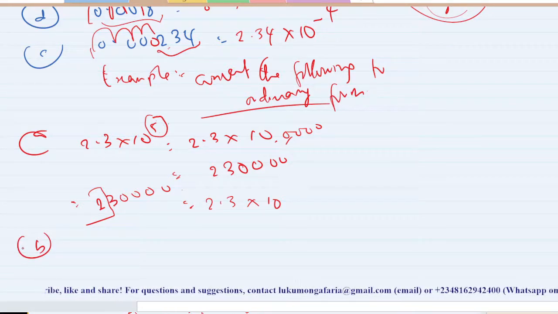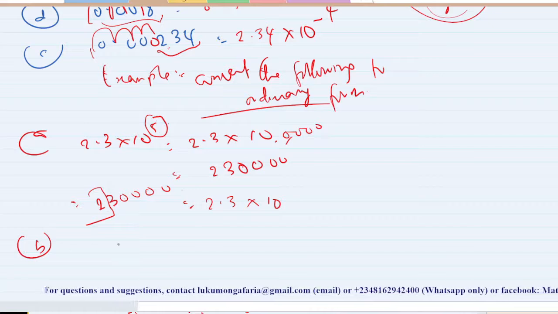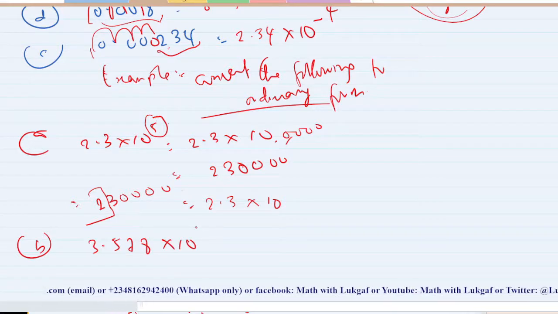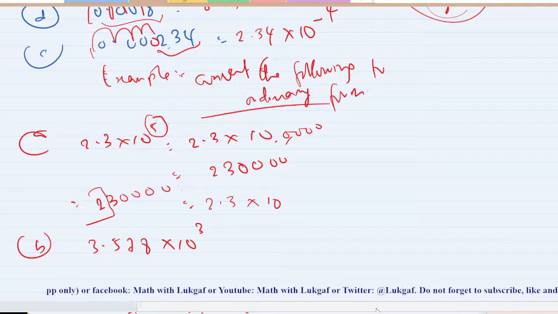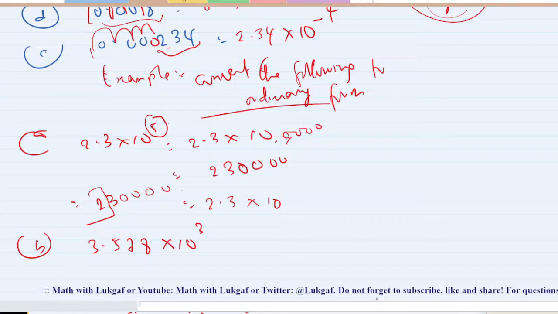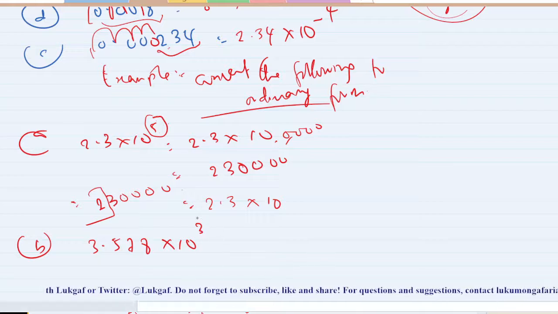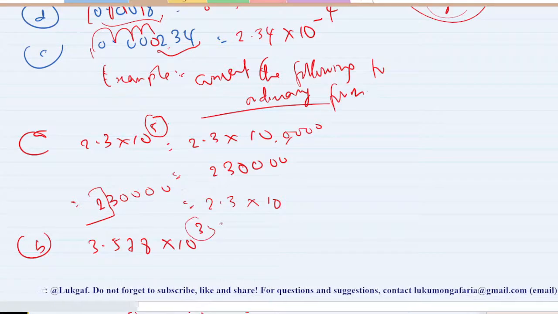Another example, let's say I have 3.578 multiplied by 10 raised to power 3. If I want to convert this one to ordinary form, you know what this is telling us, if you recall from the cases we've treated above.